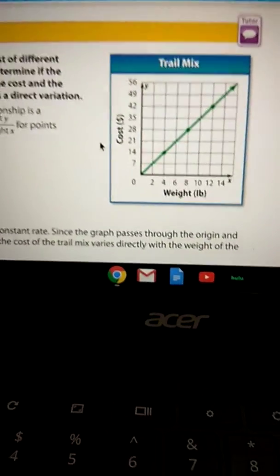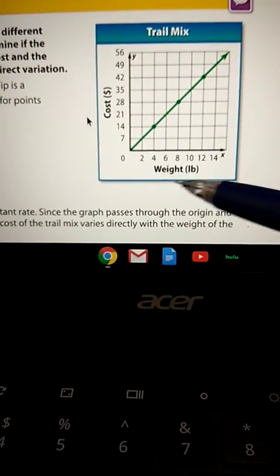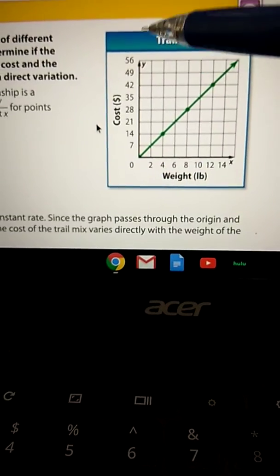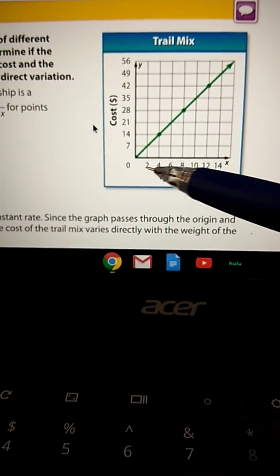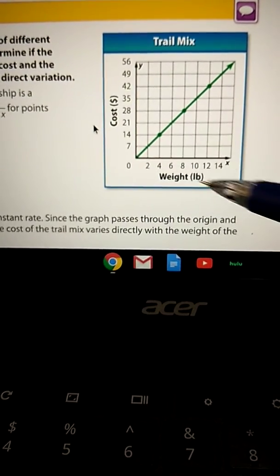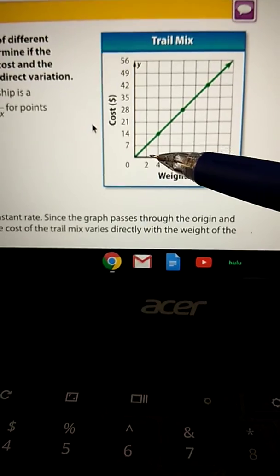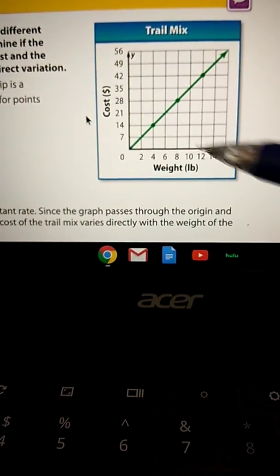In this case, the cost varies directly with weight. As the weight increases, the cost increases. So what is the constant of variation? If the weight is 2 pounds, then the cost is $7. If the weight is 4 pounds, then the cost is $14.